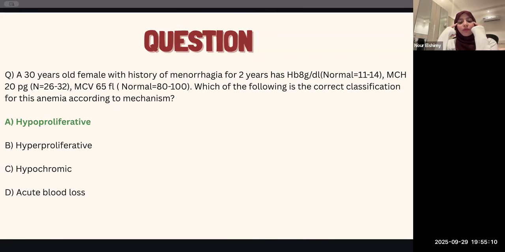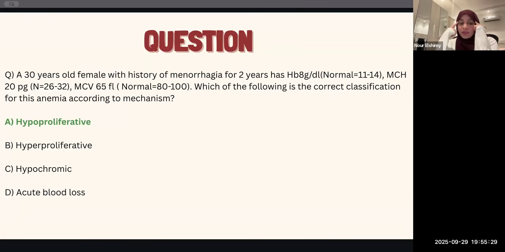You should try to know which type of anemia that is. If they do not mention directly whether the body is producing less or more red blood cells, then you're going to have to think about the type of anemia, and then you'll be able to classify it. In this case, we have low MCH, low MCV, hypochromic microcytic.